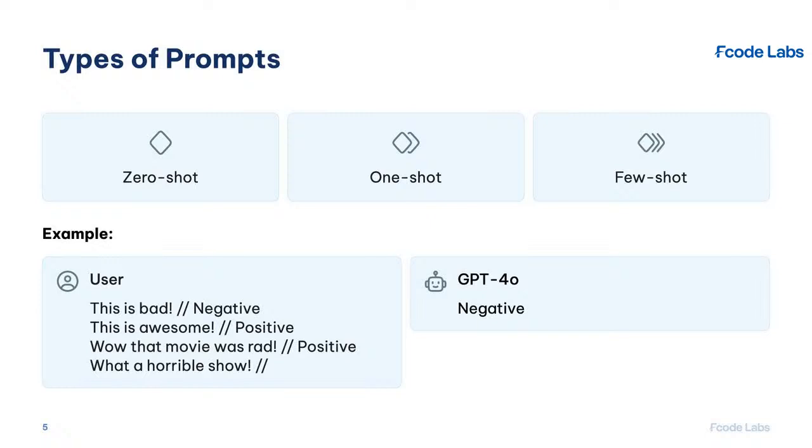The second one is the one-shot prompt, where we send an example with the prompt, and the LLM will try to analyze the prompt and the example and generate output. The one-shot method we basically use when we need to format our response in a certain way.